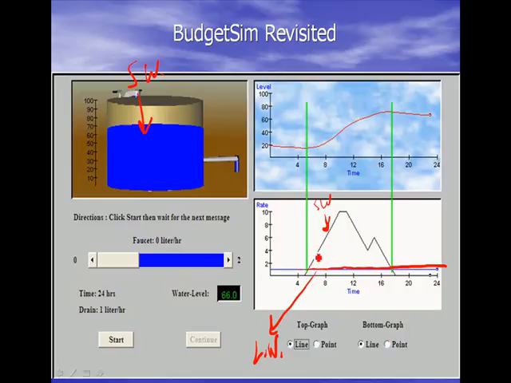Notice that I have more incoming shortwave radiation, or actually I have more water going into the tank than going out of the tank, as long as I maintain my rate of input larger than the rate of output, which is 1 liter per hour. And so, also notice this top graph, the water level begins to increase.